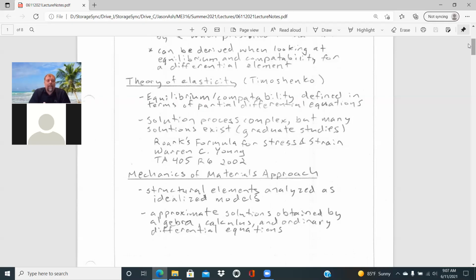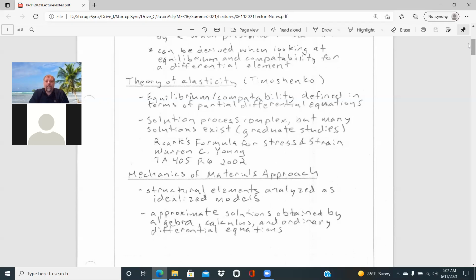For our undergraduate curriculum, we really do focus on the mechanics of materials approach, where we really look at structural elements and analyze those as idealized models, looking at the basic axial loading, torsional loading, bending, transverse shear, things like that, so that when we go through the design process, if we constrain the system to be very close to those idealized models, the mechanics of materials approach provides an adequate approximate solution so that you can design a structure safely.